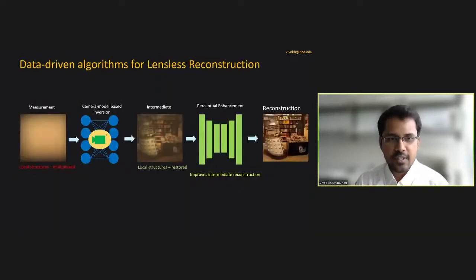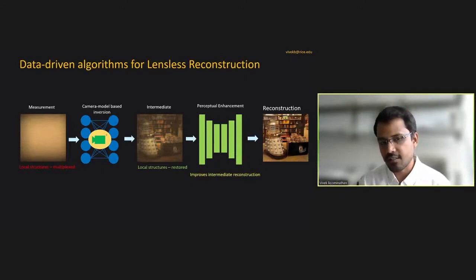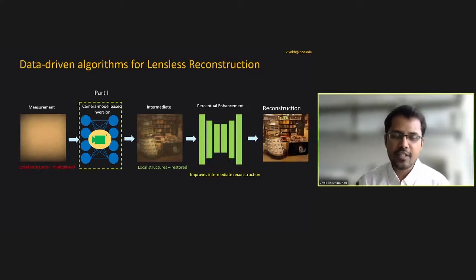These algorithms are neural network or convolutional neural network based systems, which are able to take a measurement and produce really high quality reconstructions. Most of the works related to this can be broken down into two parts. One part uses the camera model and maps this highly multiplexed blurry image to an intermediate result.